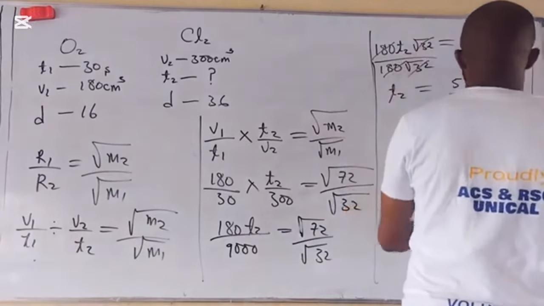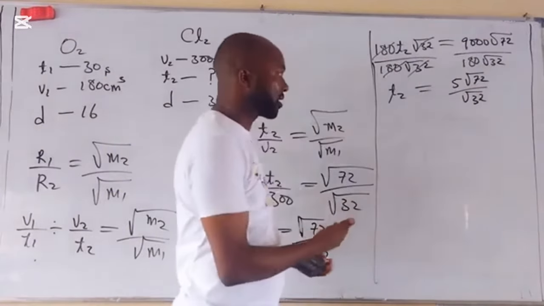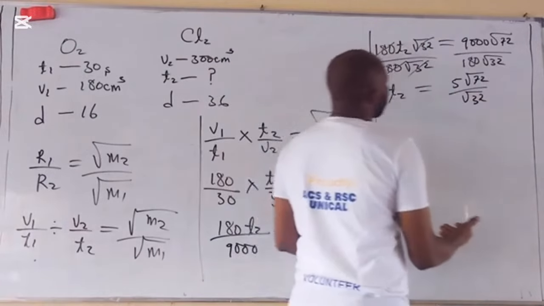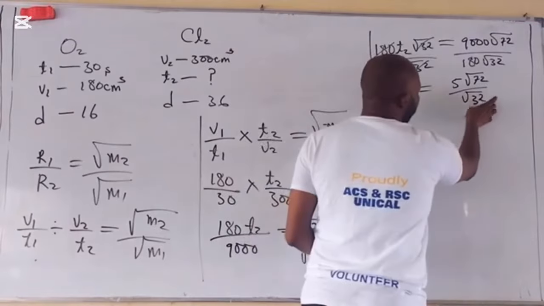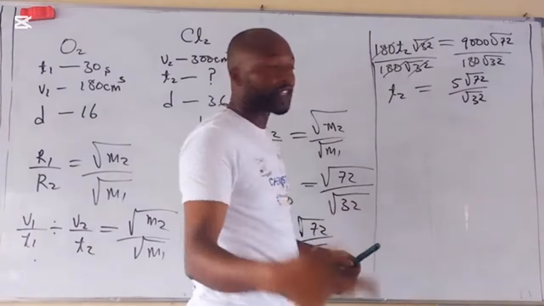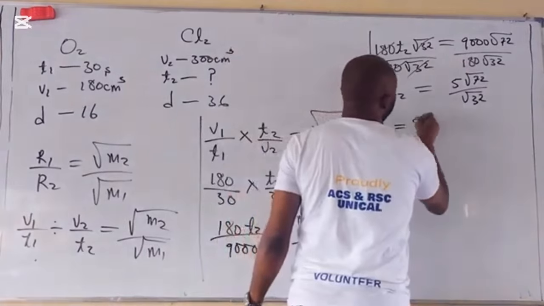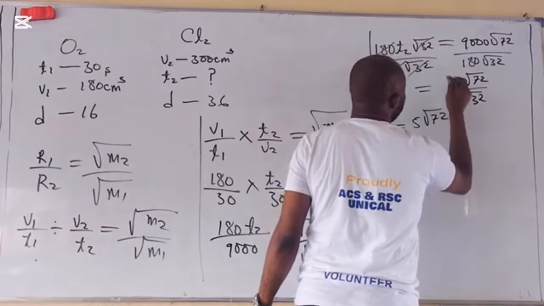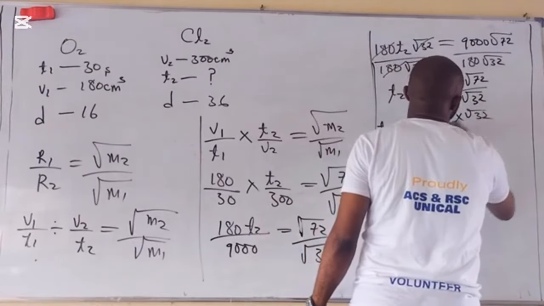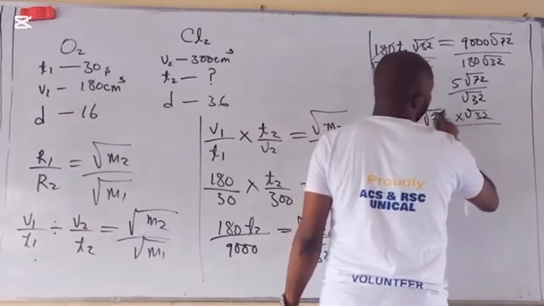Okay, so now we're going into a different dimension. We're entering surds. This is mathematics. I never thought they were going to take us here. In surds, we say we never leave a root sign down below. So what do we do? We rationalize. So T2 is equal to 50 root 72 times root 32 over root 32.